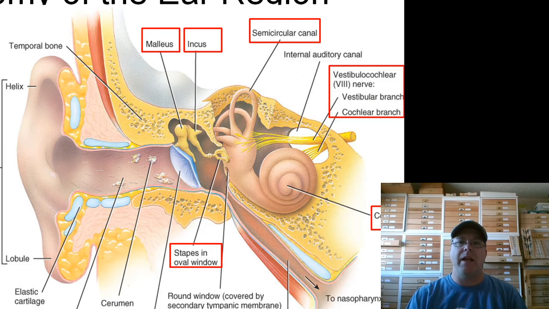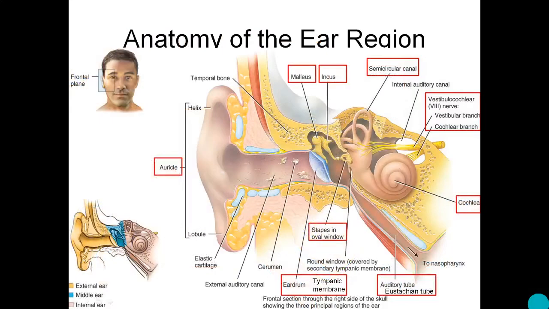We call it tinnitus. And so if these bones are malfunctioning and they are vibrating when there's no sound waves coming in, that's abnormal, and that's a disorder called tinnitus. You've probably heard of that.